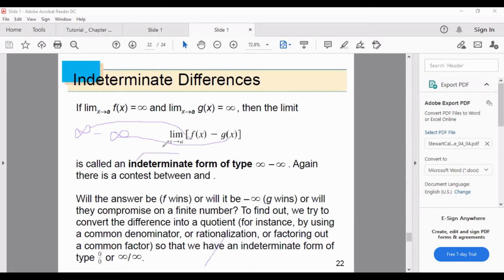It's called, once again, indeterminate. But L'Hospital's rule can solve just a fraction. That's why sometimes we try to write the difference once again as a fraction.